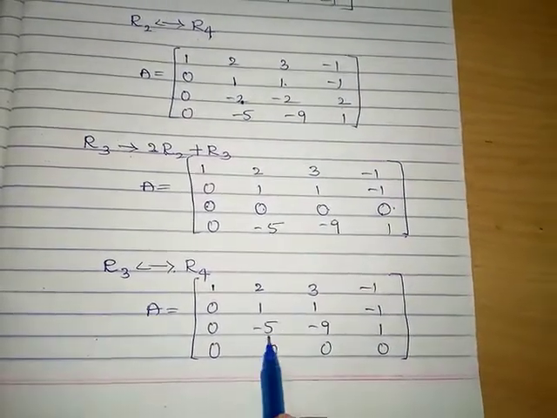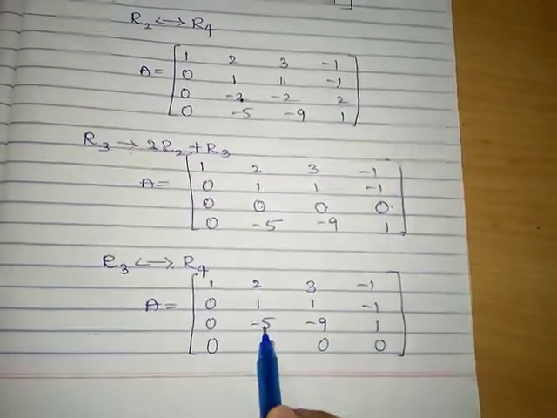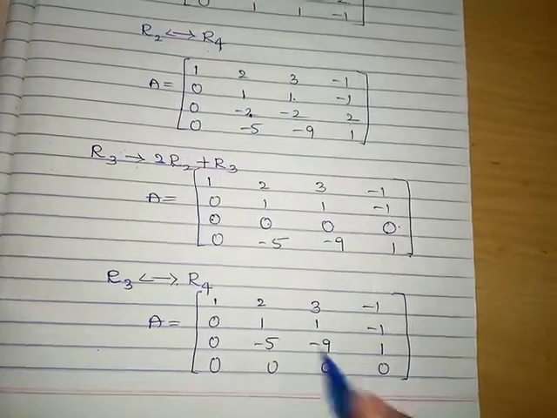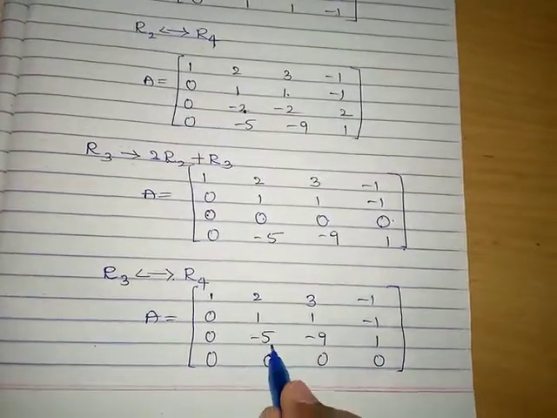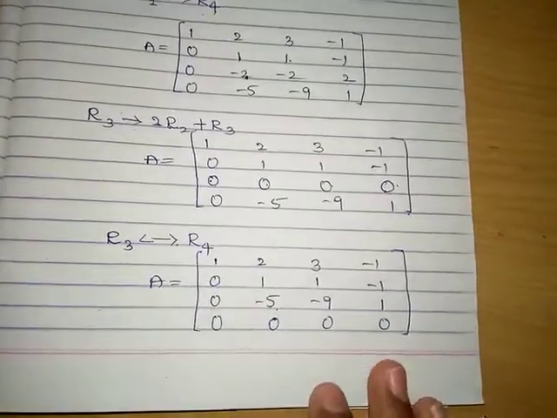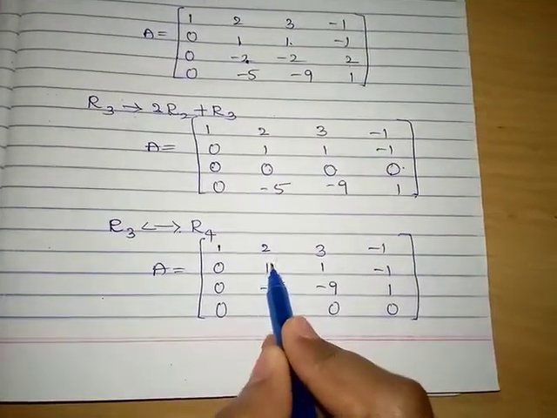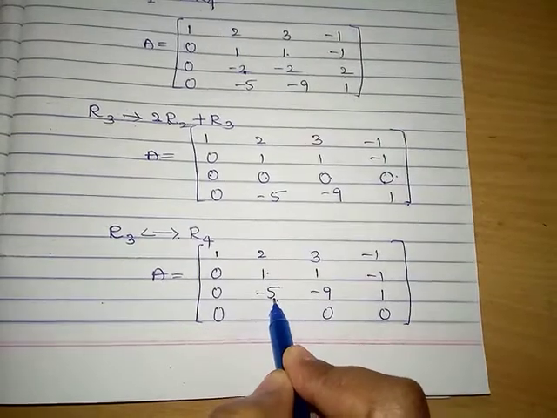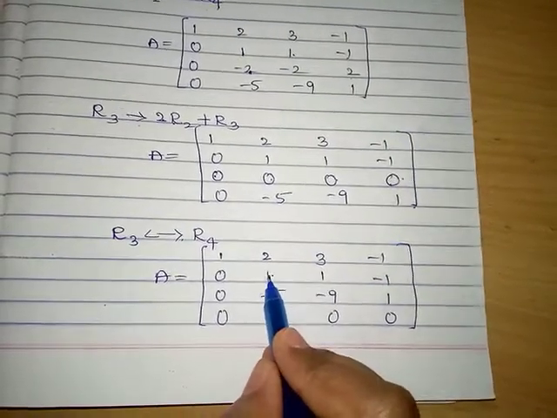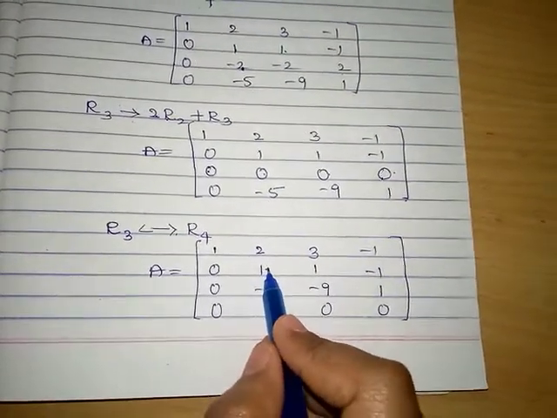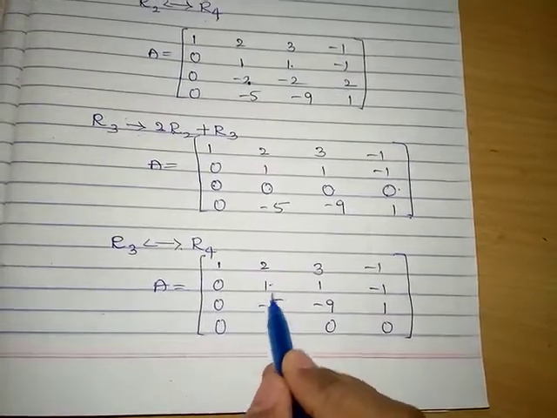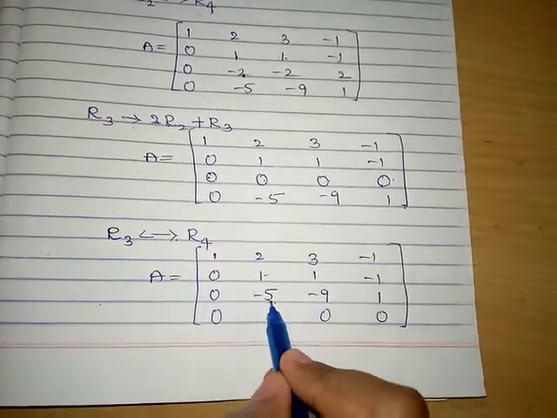Now we have to reduce this element to 0 to get the required echelon form. For that I will multiply this R2 by 5, then add it to R3. When we multiply 5 to this one, it will be 1 into 5, 5 plus minus 5, 5 minus 5 is 0.